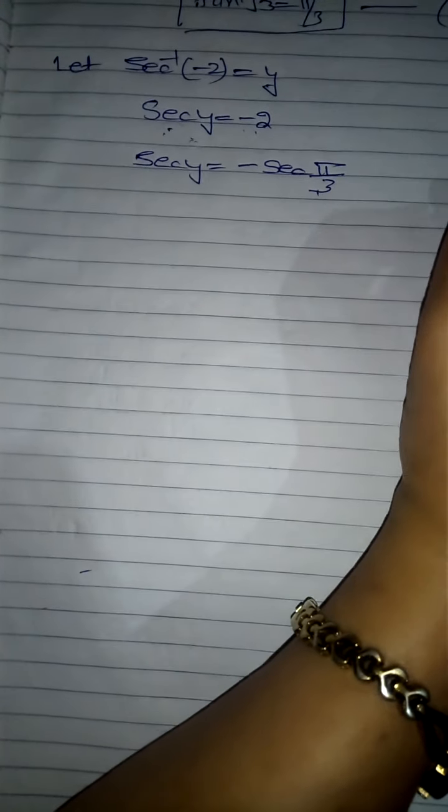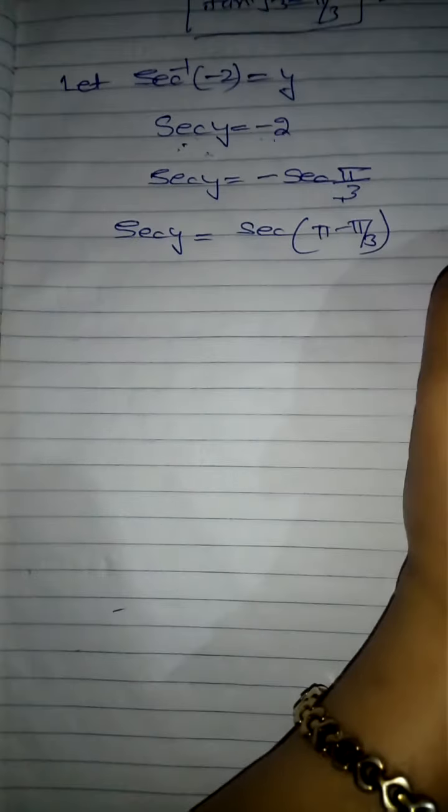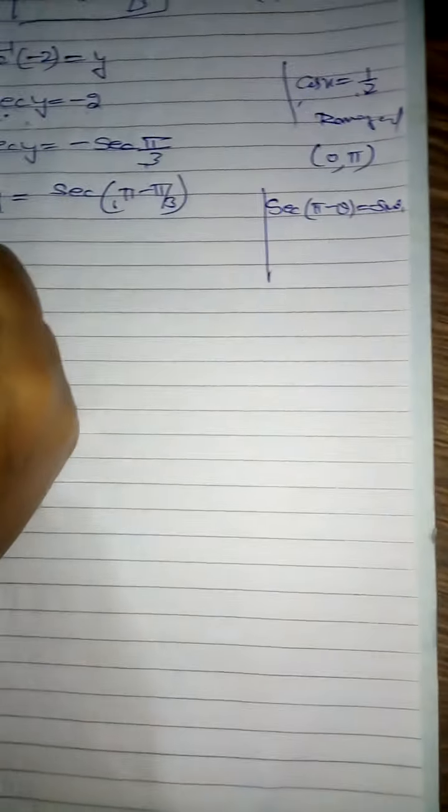So sec y equals minus sec pi by 3. Now the range of cos is 0 to pi, so we will change it: sec y equals sec of pi minus pi by 3, because sec of pi minus theta equals minus sec theta. So sec y equals sec 2 pi by 3.